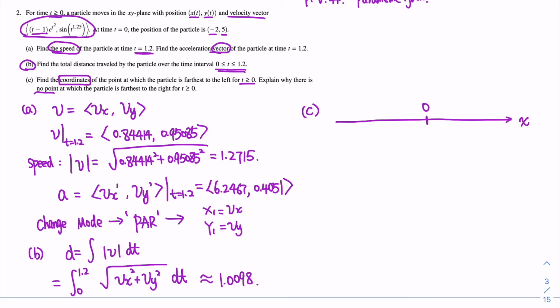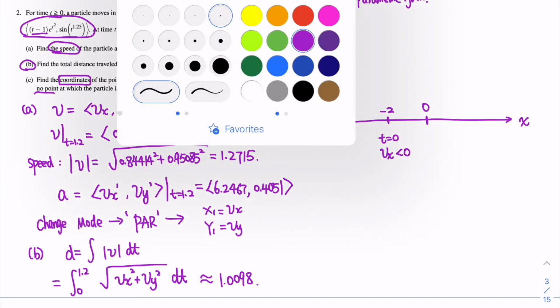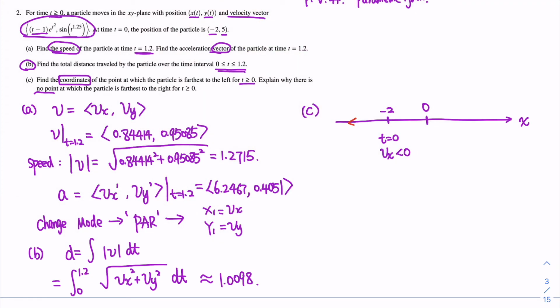At t equals 0, the x value is x equals -2. And we know the velocity in the x direction at t equals 0 is negative. That means the particle is moving to the left. When v of x reaches 0, we plug v of x in, we get t equals 1.